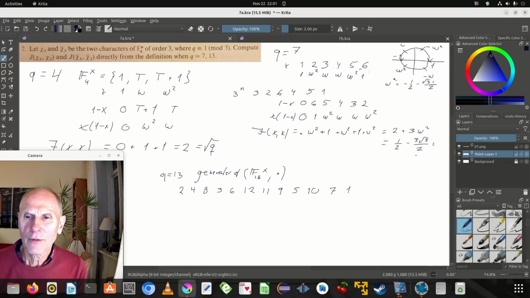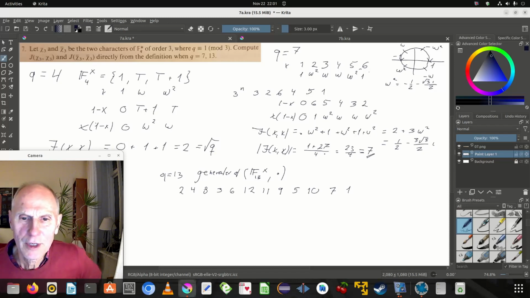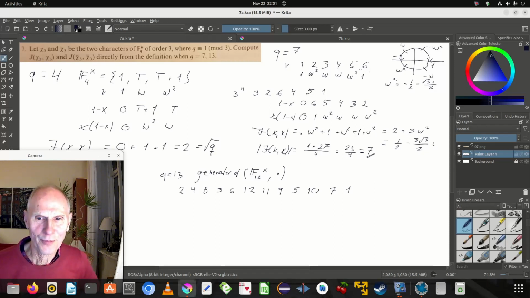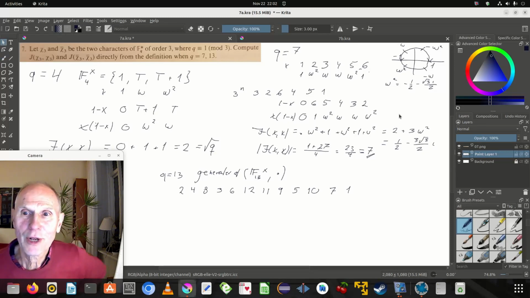And then the modulus of this number, so it's 1 plus 27, it's 28/4, so that's exactly 7. So now we get a result that I can accept, that is approved. I got a little nervous when I saw this expression, but it did turn out right.